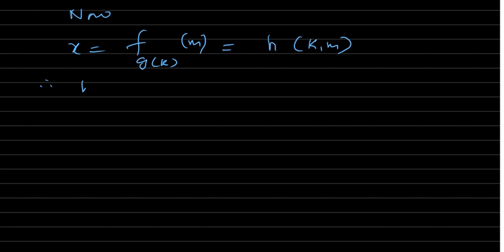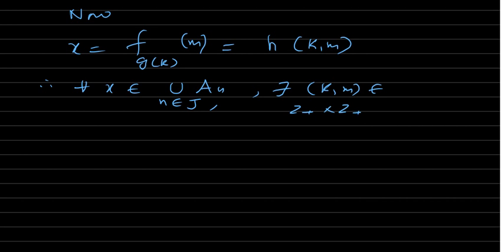Therefore for all x in the union of A_n, n belongs to J, there exists a pair (k,m) in Z plus cross Z plus such that h(k,m) is equal to x, and hence h is a surjection.